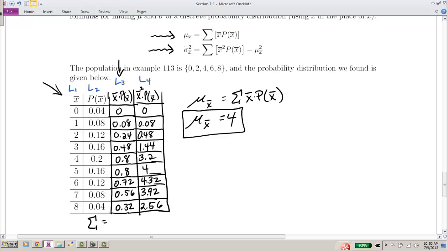And now for finding the standard deviation, we're going to first find sigma squared. And we're going to need to add up the L4 column for that.